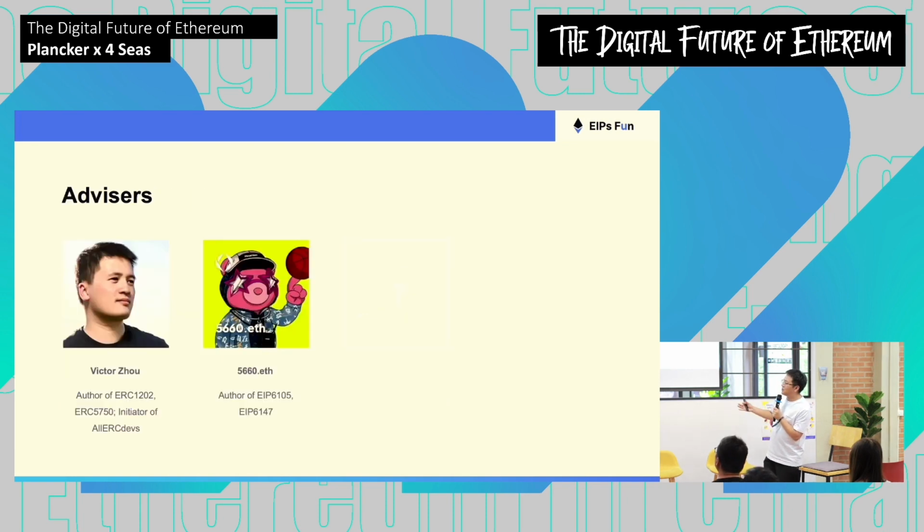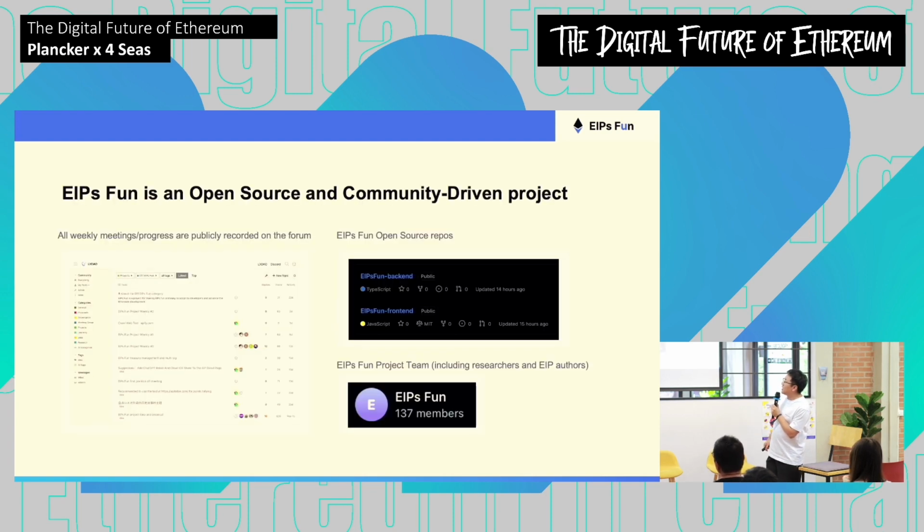We also have some advisors like Victor Zhou, who is an EIP editor, and some EIP authors to help us build the content and provide advice. EIPs Fun is a completely open source and community-driven project, which means everyone interested can join us, join the weekly meeting, and provide a pull request.